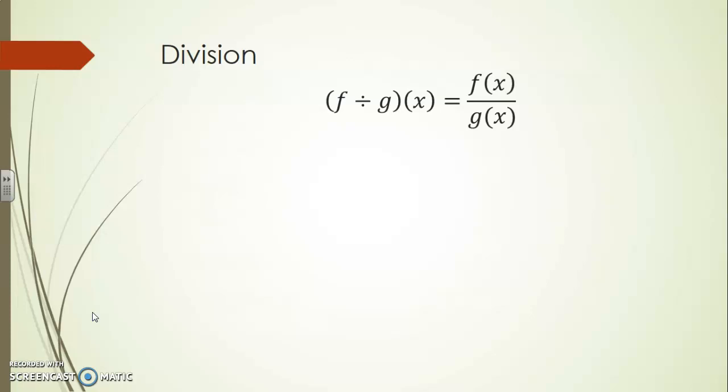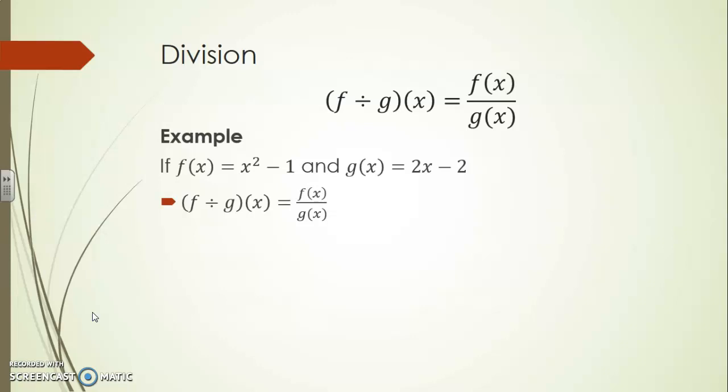The function that results from the division of f divided by g, calculated at x, is obtained by dividing f of x by g of x. So if f of x is x squared minus 1 and g of x is 2x minus 2, then what we call the quotient of f with g is obtained by doing the division of f of x by g of x.